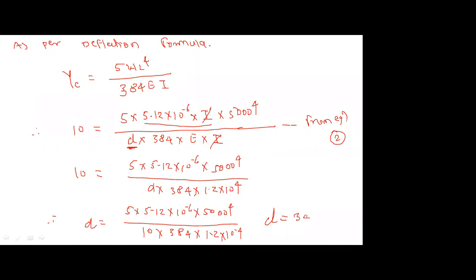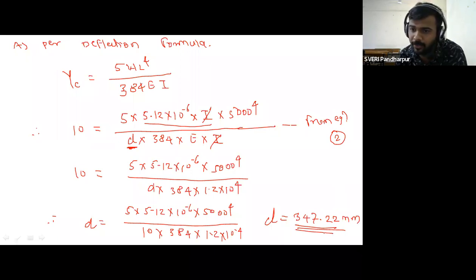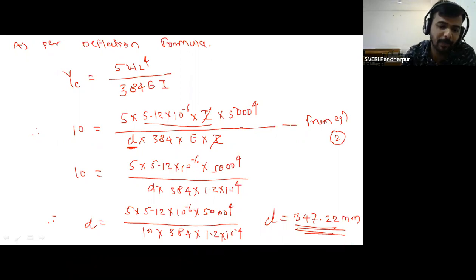Young's modulus value is 10 raised to minus 4. The answer is 347.22 mm. This is the depth of the section. Please check. Have you got the answer? It comes to 347.22. So your calculation part is very important.